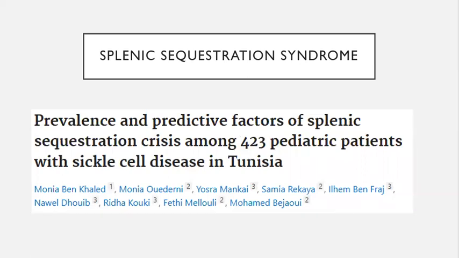And those 4 risk factors were: 1, age of less than 24 months at onset of symptoms; 2, chronic pallor as a sign; 3, spleen size of more than 3 centimeters; and 4, an absolute reticulocyte count of more than 300,000 per micromoles.